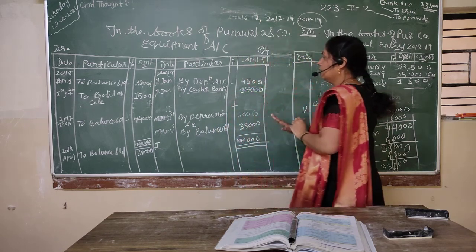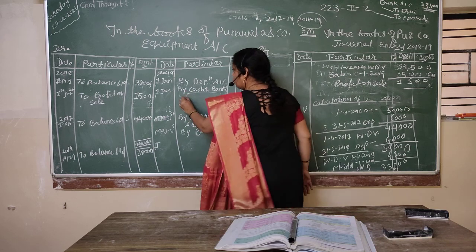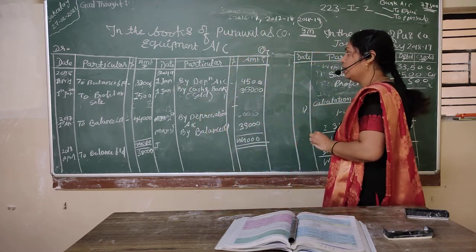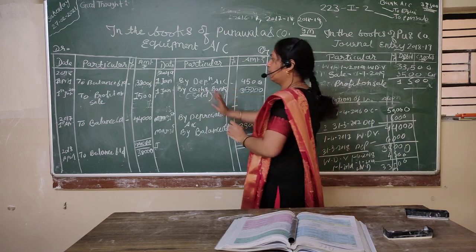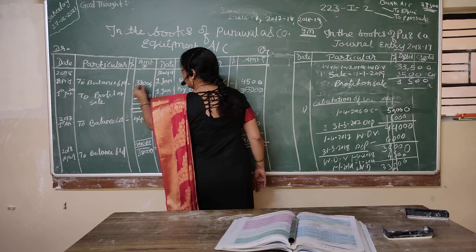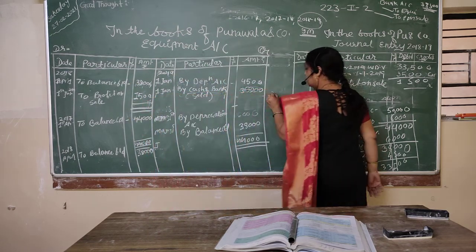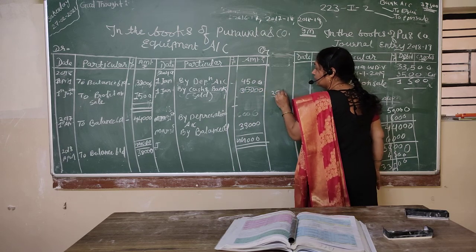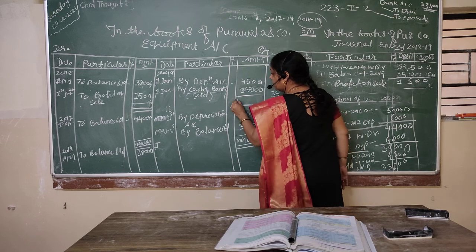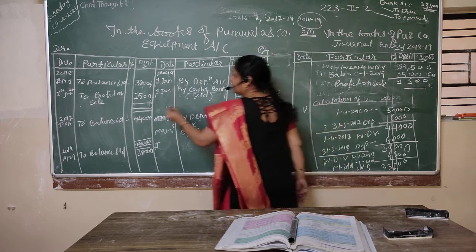So students, we have recorded the third year's depreciation, we have written the sale entry, and we have recorded the profit as well. Now first we will close the equipment account. So what is the total of the third year? 38,000 plus 1,500, 39,500, and here 35,000 plus 4,500, 39,500. So our third year will be tallied here, 39,500 and 39,500.